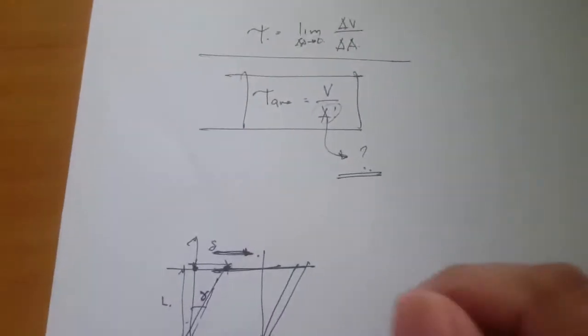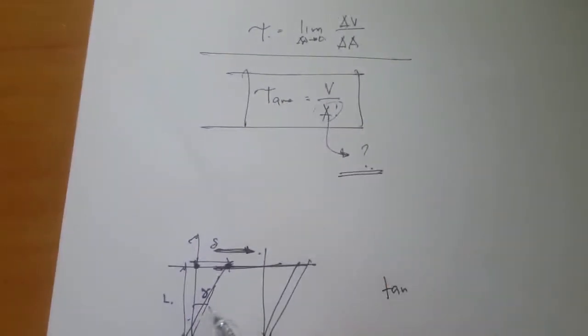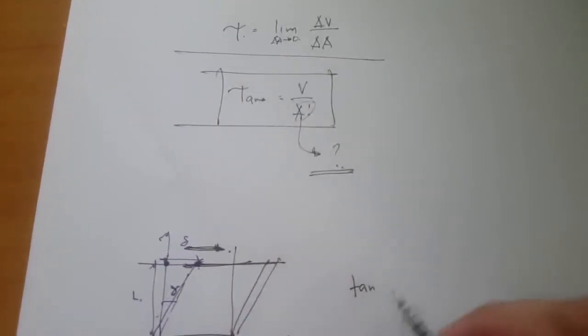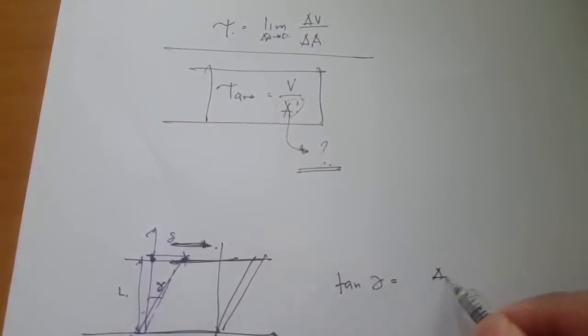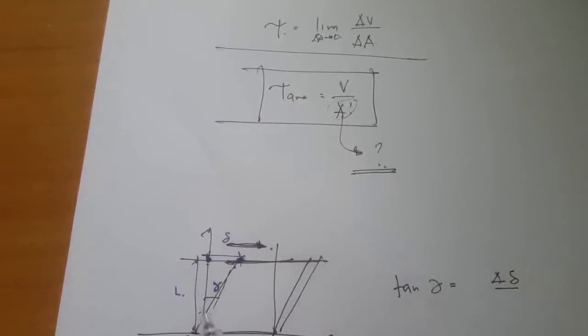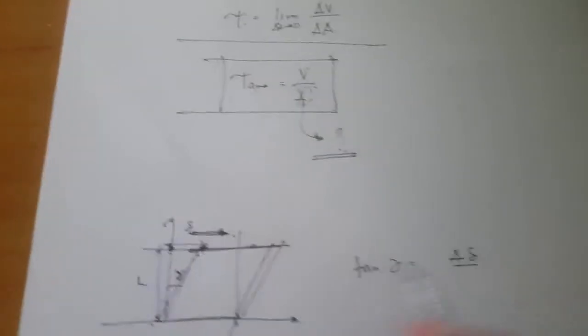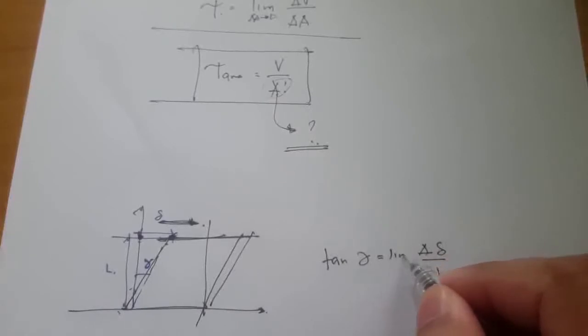If we write a mathematical expression, the tangent of gamma is equal to this deflection divided by this adjacent side, which is just delta L. We can also take the limit as delta L approaches 0.